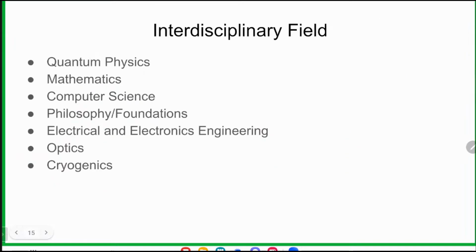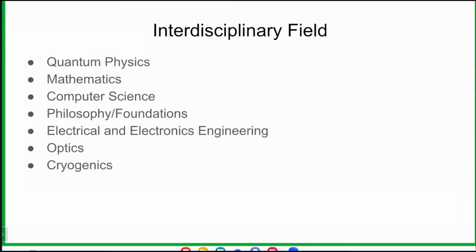Okay, so finally, I'd like to comment that quantum computing or communications or sensing, any of these verticals of the second quantum revolution, is a very interdisciplinary field. It involves quantum physics, of course, and mathematics.